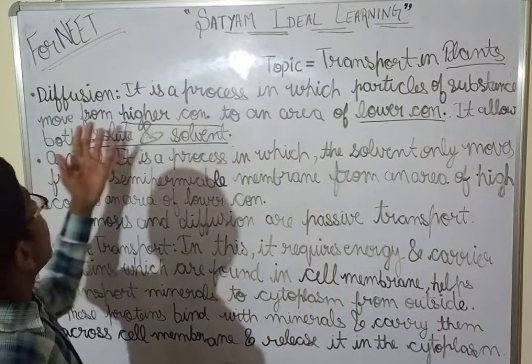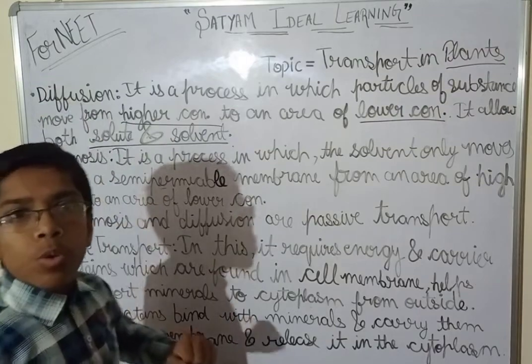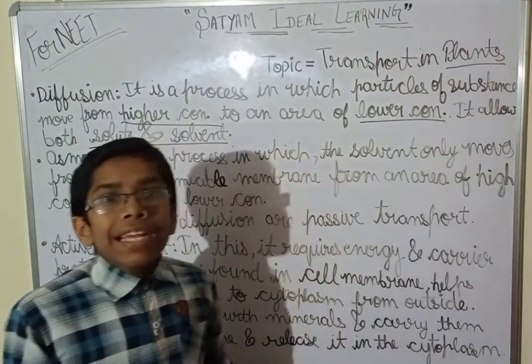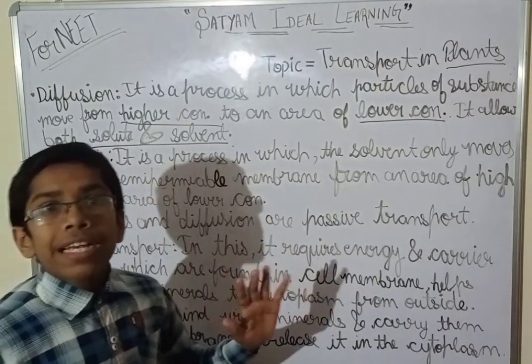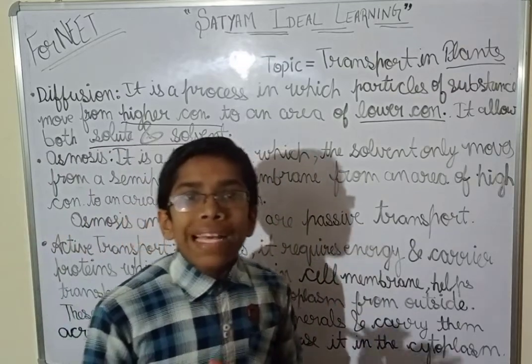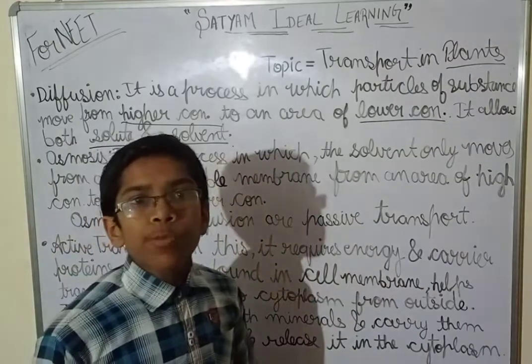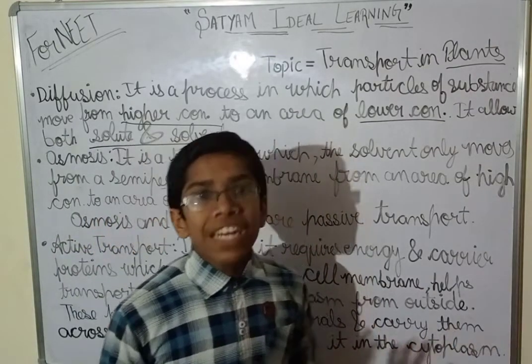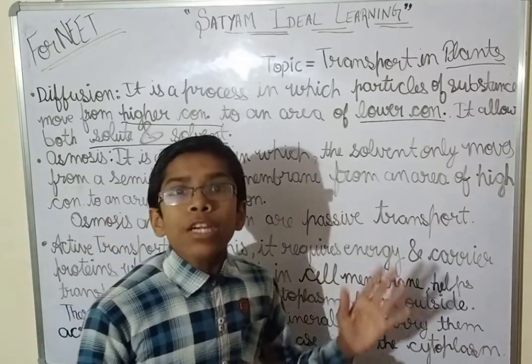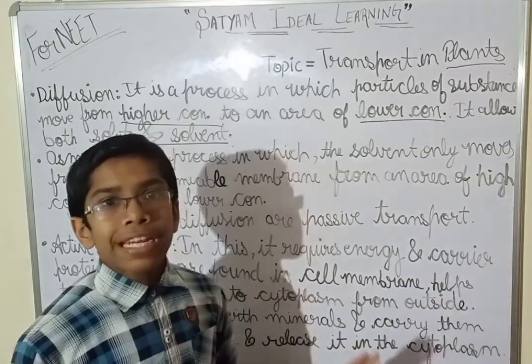Now, the process of diffusion is a passive process. It is a passive transport. I have called it passive transport because in this kind of transport there is no expenditure of energy. It means the plant does not release any kind of energy for this process to happen.